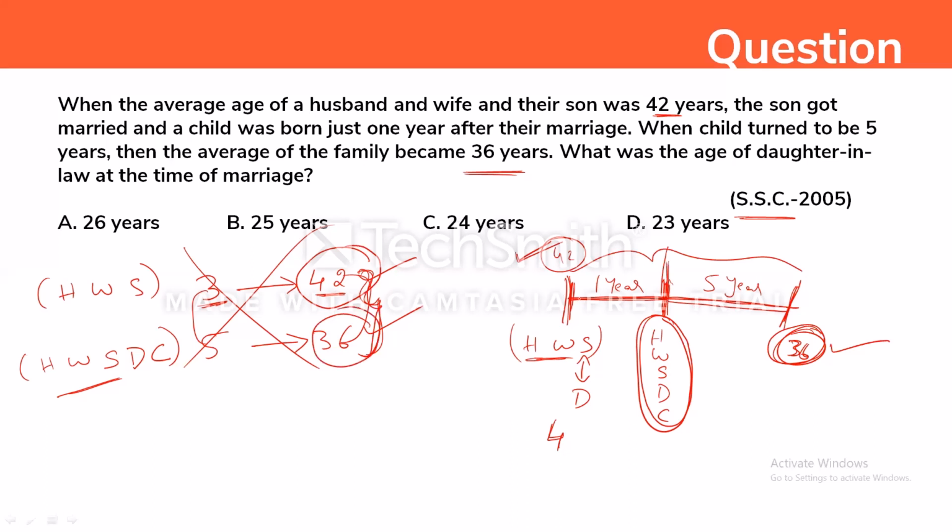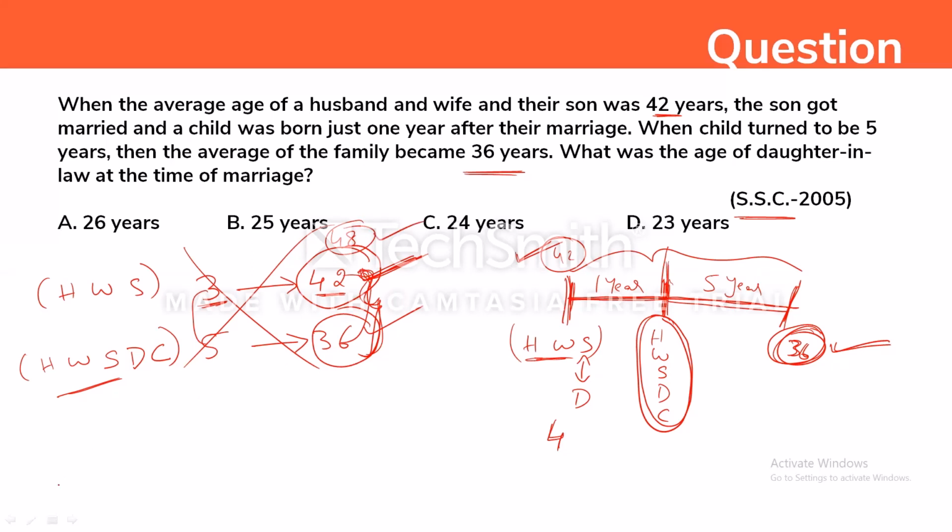So we need to consider the present age. Present average is 42 years, so after 6 years it will become 48. Then you will get the correct answer if you take 48 after 6 years.